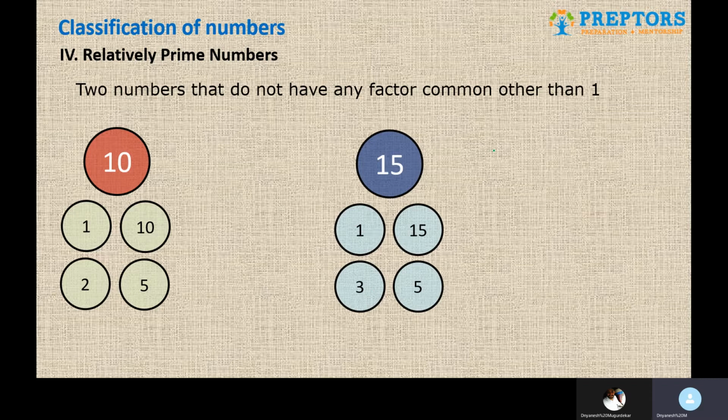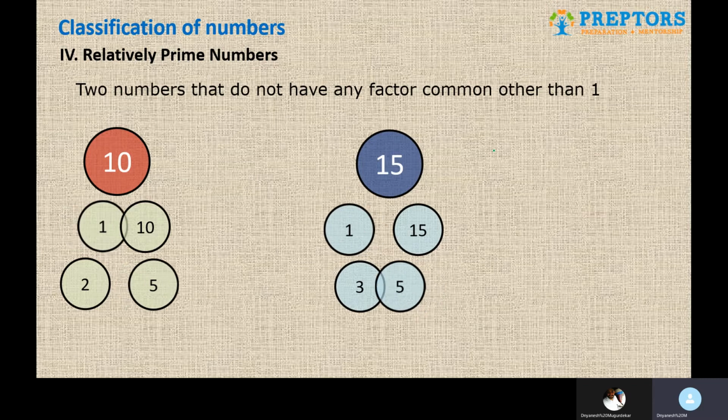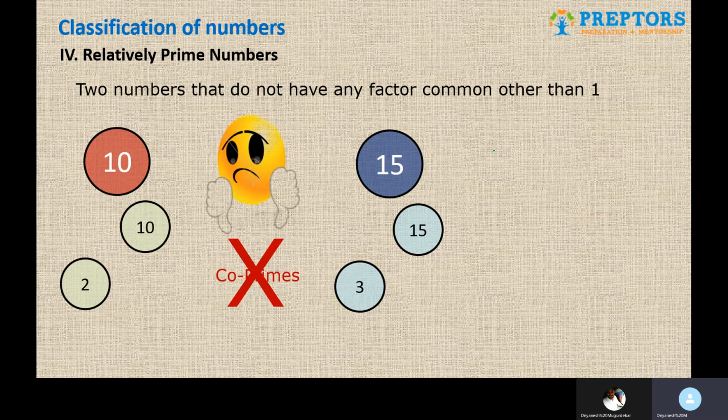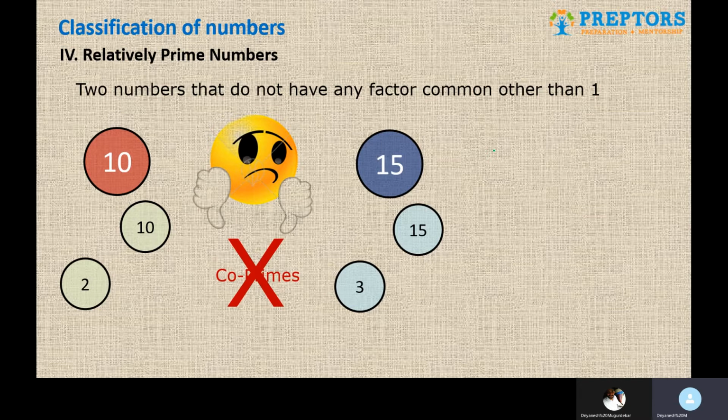Now if I ask you how many common factors between them, you realize 1 and 5 are the common factors. That is, there are 2 common factors, which is more than one common factor, and that means this will not be co-prime because they have more than one common factor. This is the process that you are going to follow to check whether the numbers are co-prime or not.